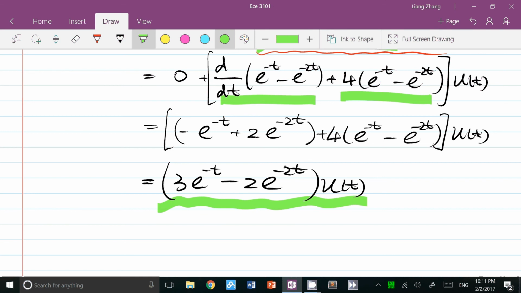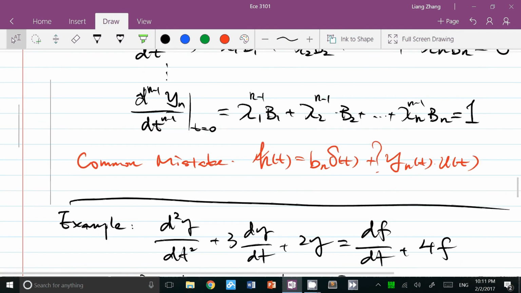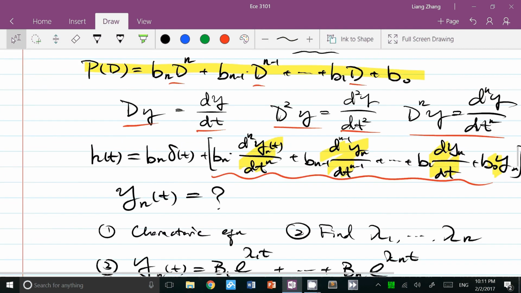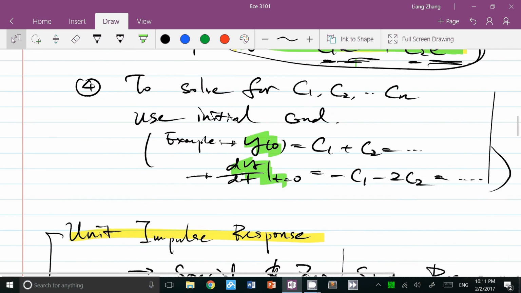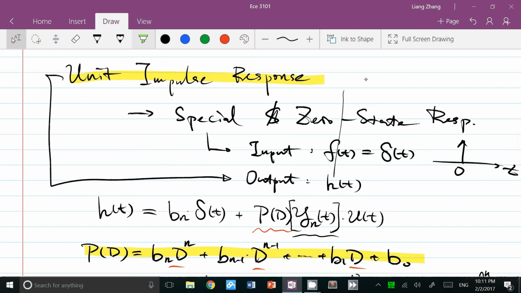Now, a quick observation when we look at the impulse response. Remember, the impulse response h(t) is obtained assuming what? Assuming the input to the system is a special one, actually an impulse spike that takes place at time t.